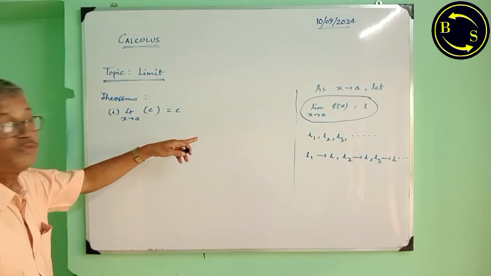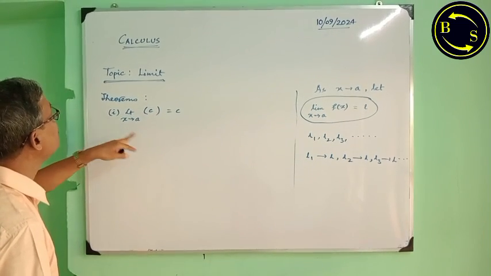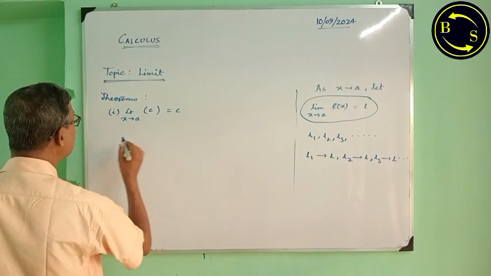If c be a fixed number, then limiting value of c as x tends to a will be equal to c.